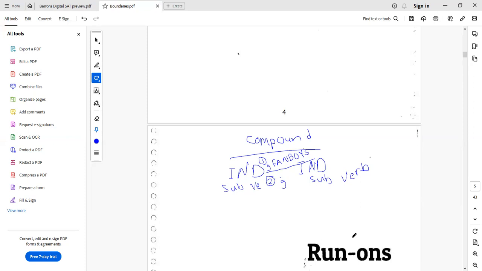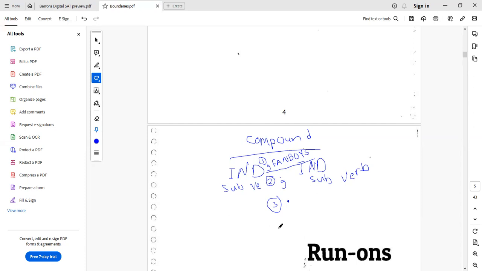Yes. Can we put semicolon and fanboys? No, wrong. It must be comma, fanboys, or semicolon. The third way is to put a full stop. So I can put independent, full stop, independent.